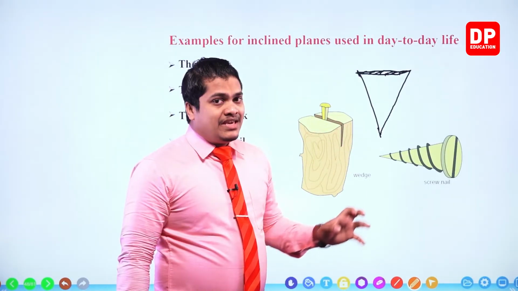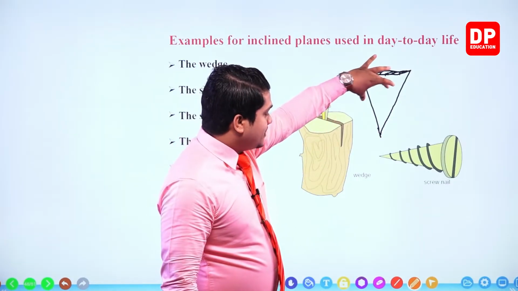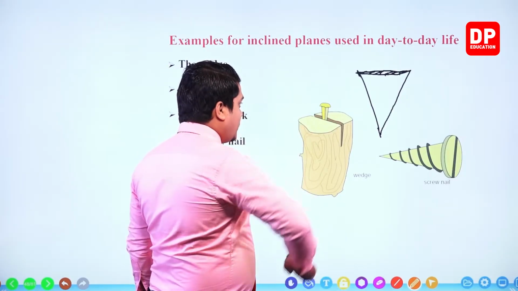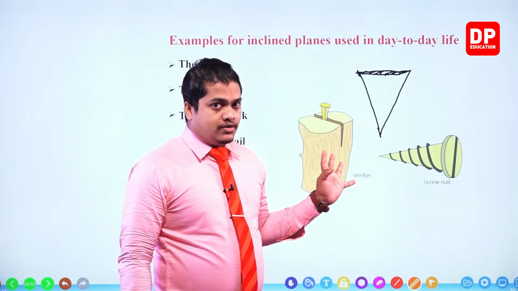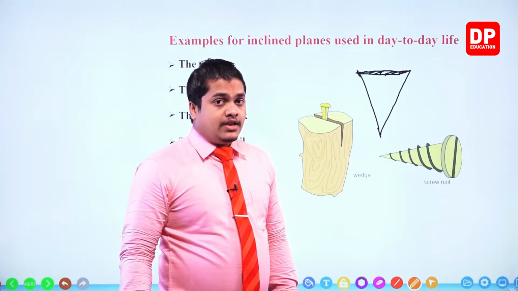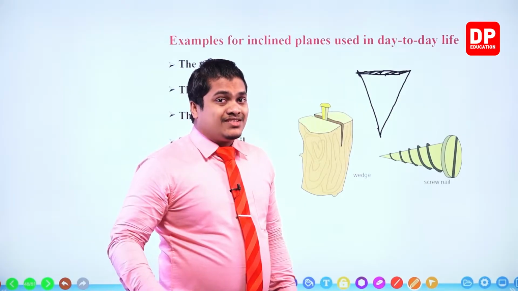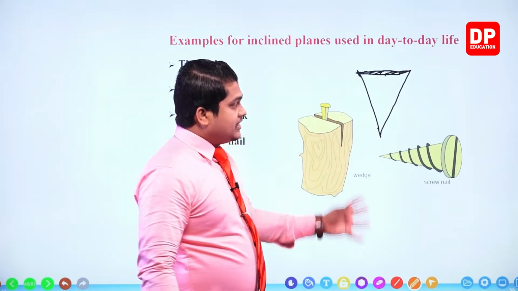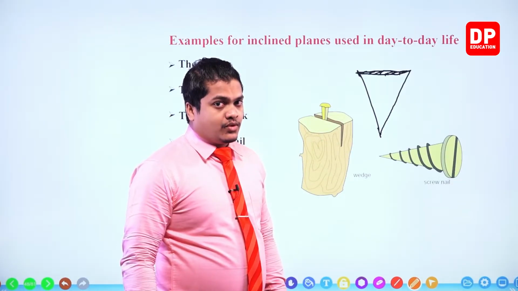The wedge can be inserted into a crack, then by hitting on the wedge, we can tear apart the wooden log. Even nowadays, in order to separate large wooden logs into several pieces, we use this simple machine called the wedge.